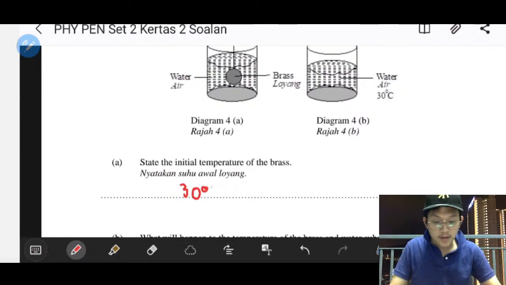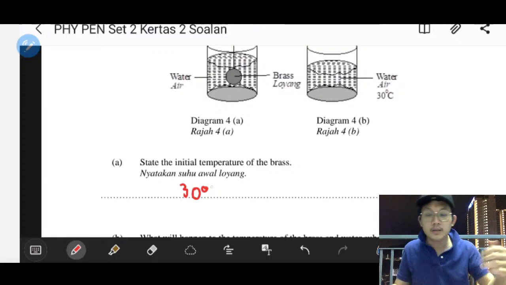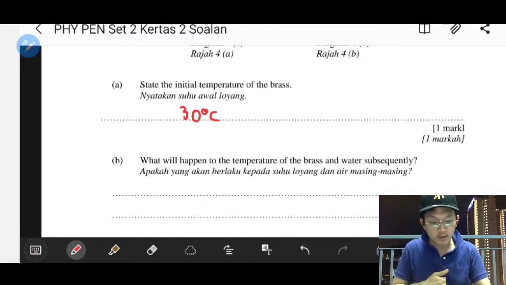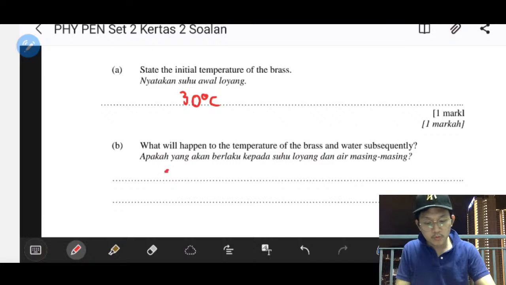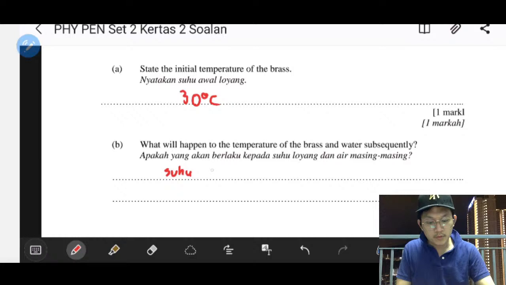Okay. Then the next one, what will happen to the temperature of the brass and the water subsequently? The next one is suhu loyang akan jatuh, suhu air akan naik. Loyang menurun, suhu air meningkat.